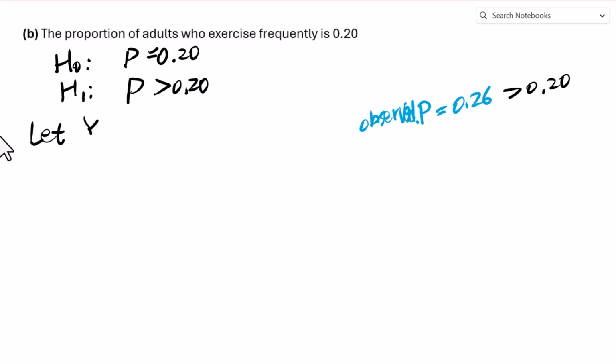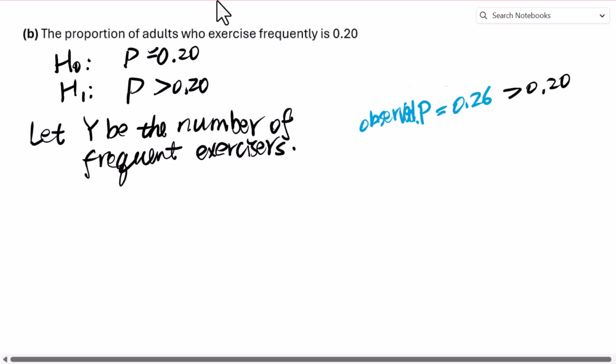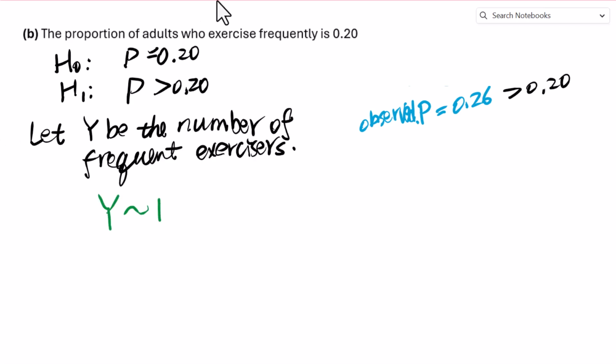Let Y be the number of frequent exercisers. Then Y follows a binomial distribution with 250 as the sample size, 0.20 as the desired probability.